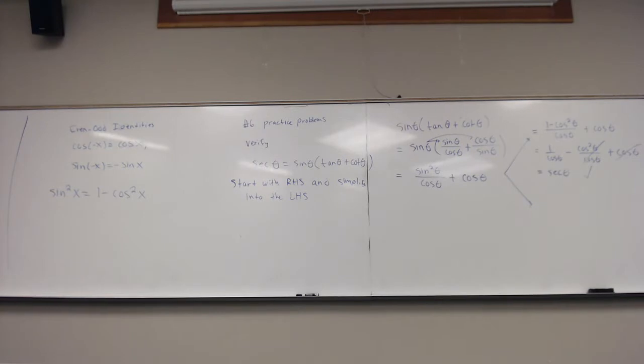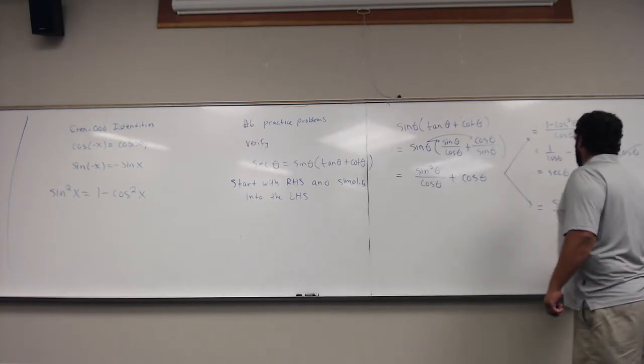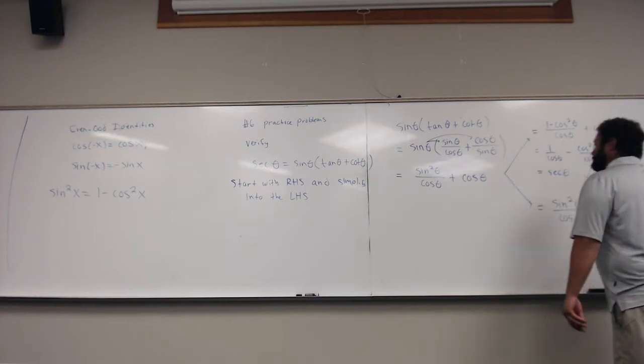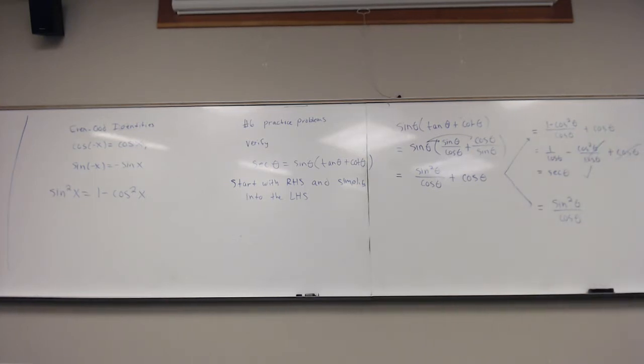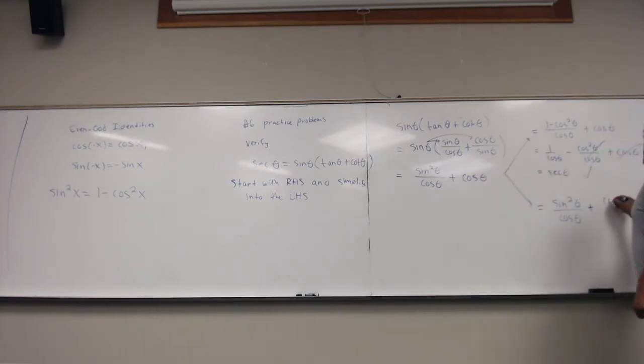And then what I was thinking was actually to get the common denominator. Hold on, I'll give you a second to catch up. If you get the common denominator, you'll multiply this by cosine over cosine to give you cosine squared theta over cosine.